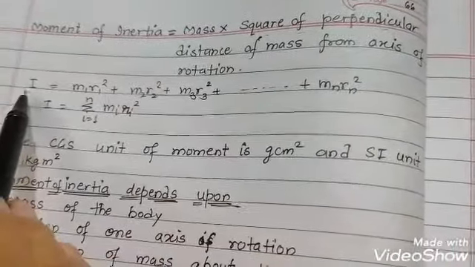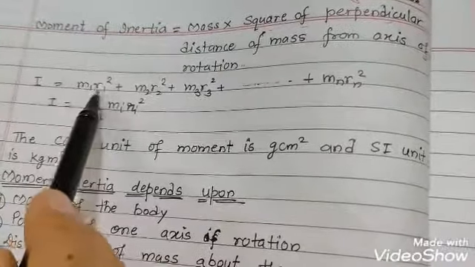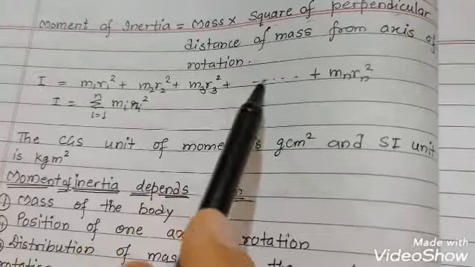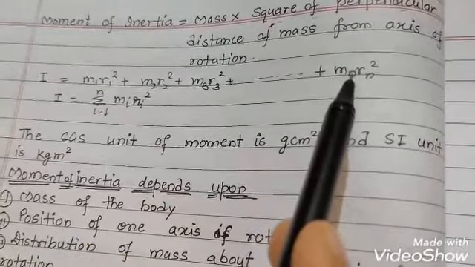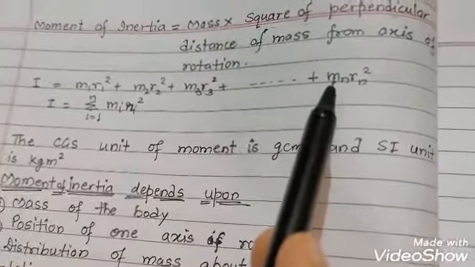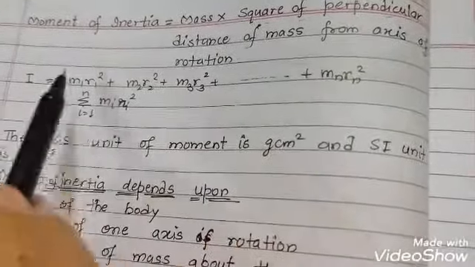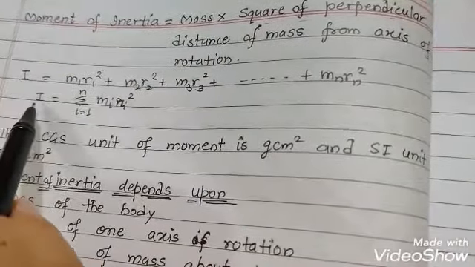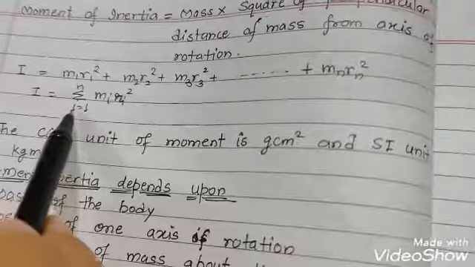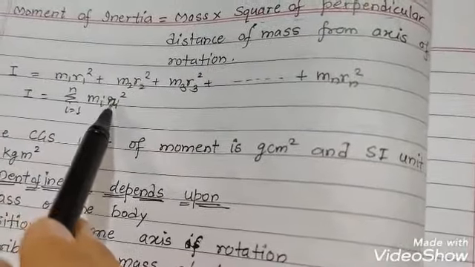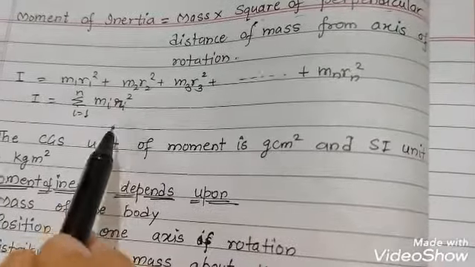So I is equal to m1 r1 square plus m2 r2 square plus m3 r3 square till mn rn square, because this rigid body is an n particle system. So the moment of inertia, represented with the letter I, is equal to the summation from i equal to 1 to n of mi ri square. This way we can write.